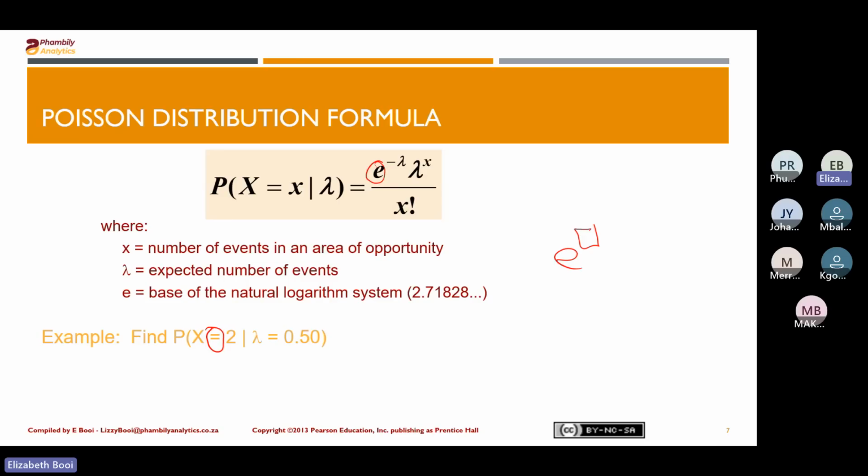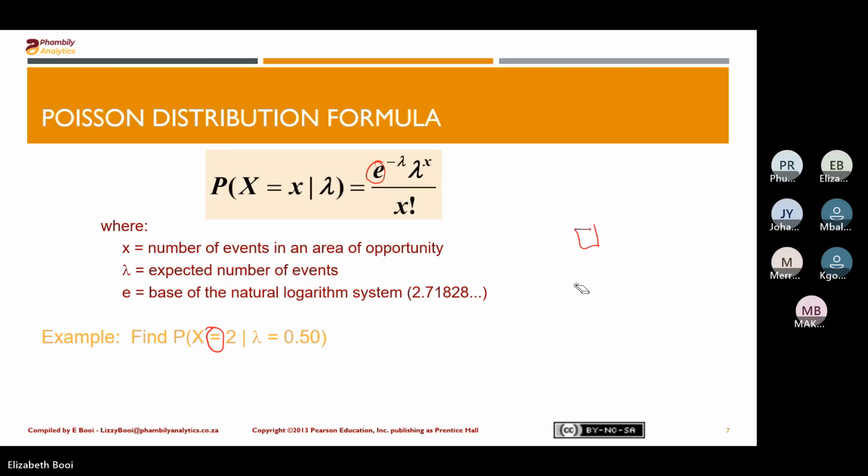For those who are using a Sharp or a financial calculator, yours will be written like e to the power of x. Look for it on your calculator, and if it's written in orange, you're going to press shift for a Casio. If it's written in orange for a Sharp or a financial calculator, you are going to press second function so that you can reach that number.